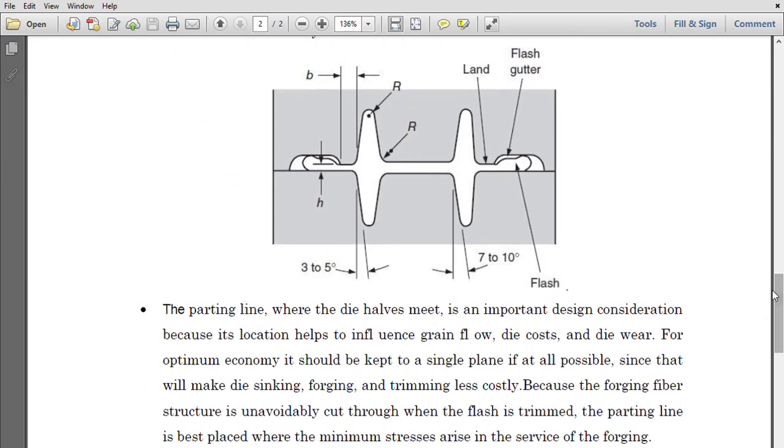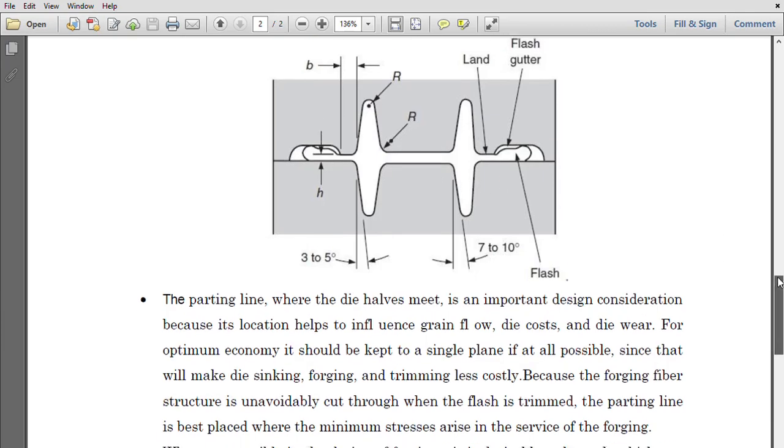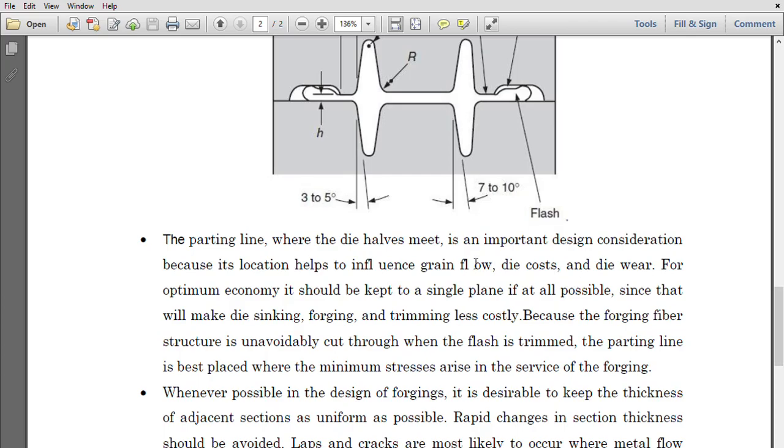Then this parting line should be kept, as far as possible, in a single plane, right? Because this has a great influence on the grain flow, die cost and die wear, right? So in order to get a good grain flow, reduce the die cost and die wear, and also to have minimum stress arising in the service of the forged component.